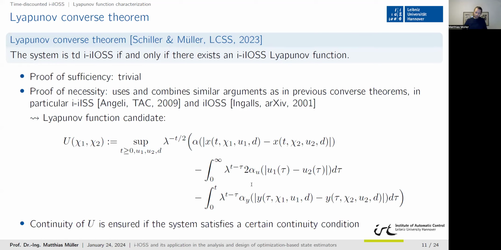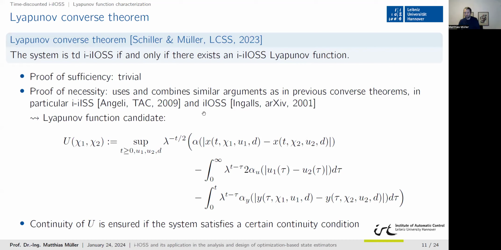Now, what is different to the existing literature, and also to these two works, is how we have to ensure continuity. Why is that the case? Because typically, local Lipschitz properties of the vector field F are exploited, which we cannot do in our case if we use the incremental version together with outputs.